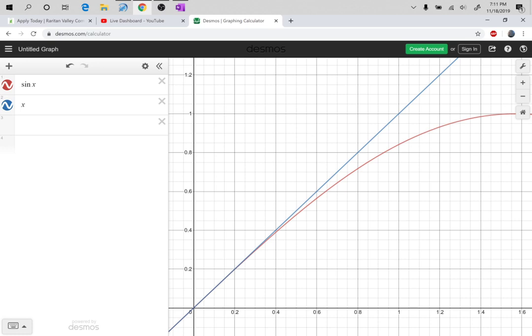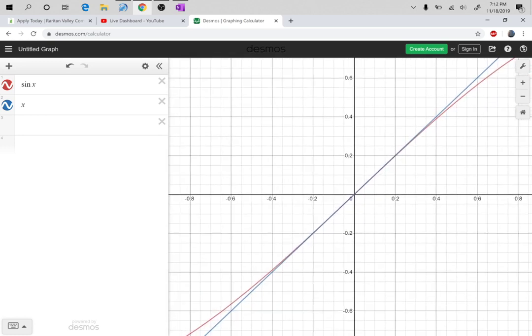That's about pi over 4. The y values are extremely close, right? That's pi over 4. Look at the pi over 6. They are pretty much the same. So from negative pi over 6 to positive pi over 6, which is this much, the blue line and the red line are pretty much on top of each other, right?